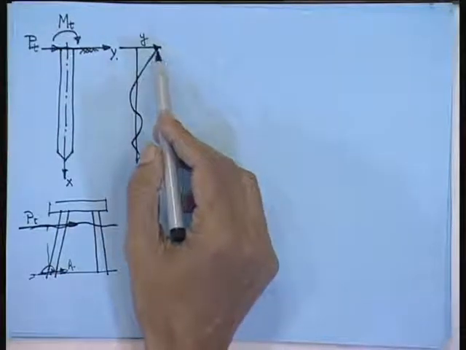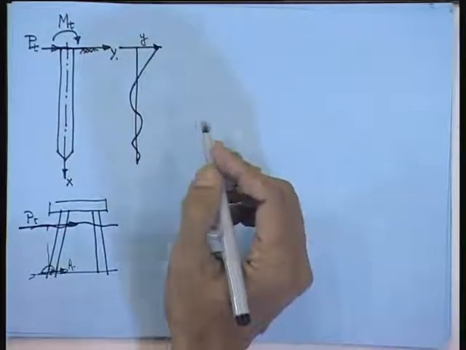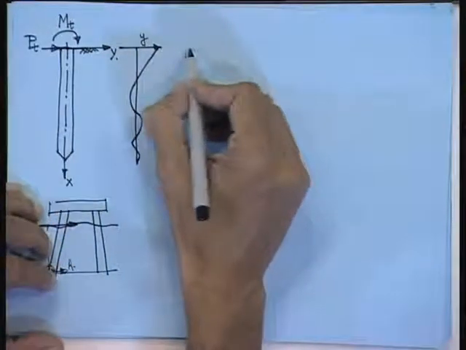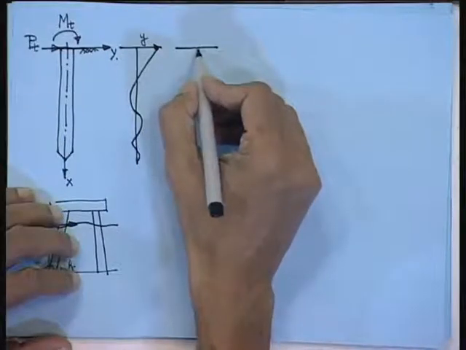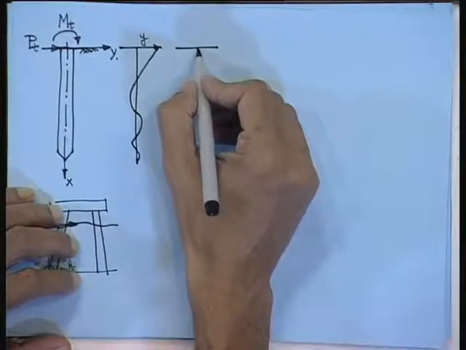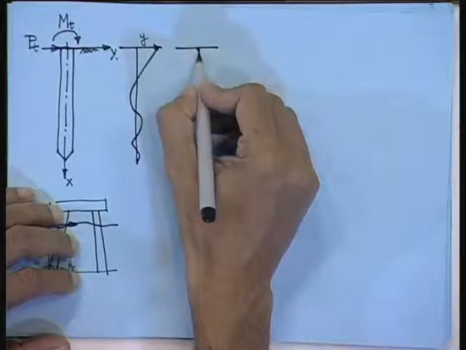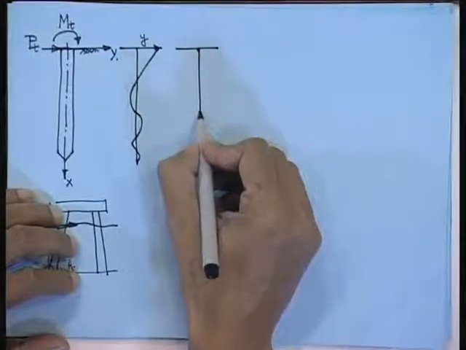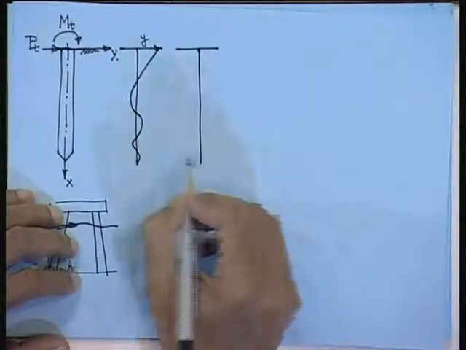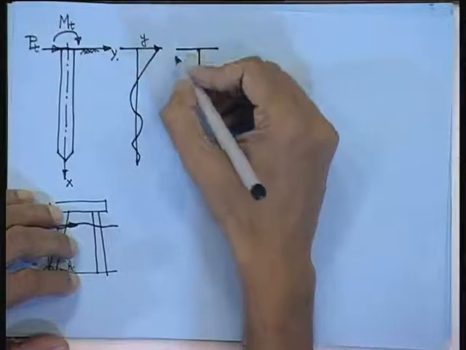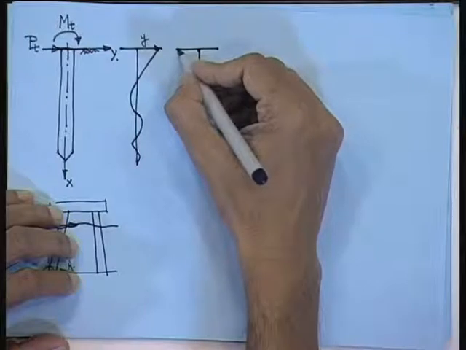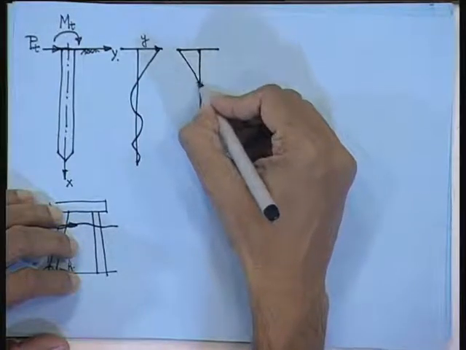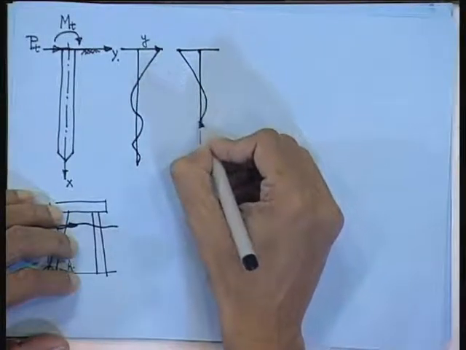Now that means we have to find out this value of Y from your slope. So you write down the slope equation. In that ship girder problem, how we started out, you remember? The same procedure you adopt here. Your slope is along this line.